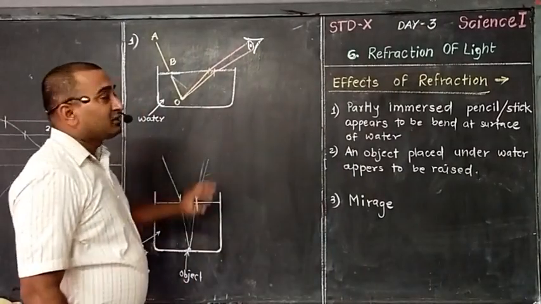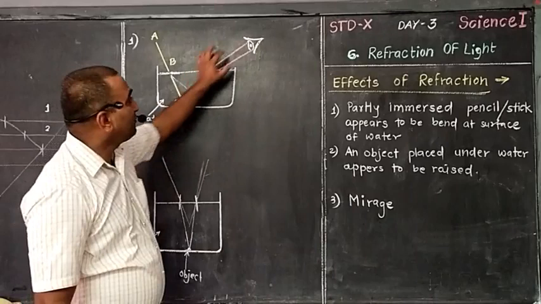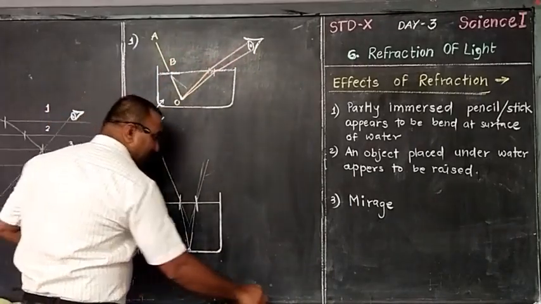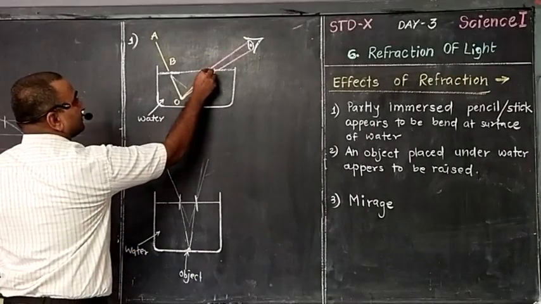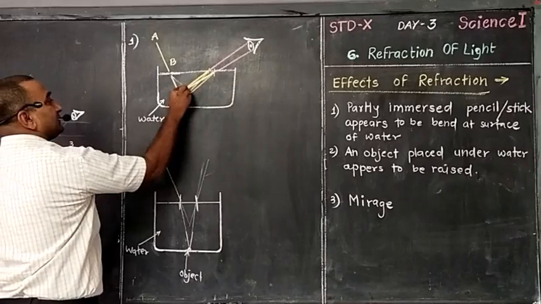But the man is getting these rays not from the object. If you extend these rays backward, like this, the rays are actually going to meet here.